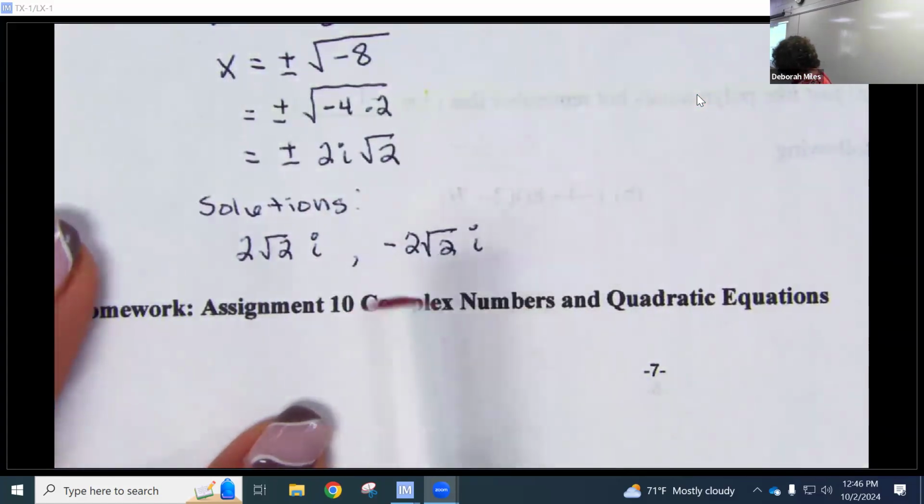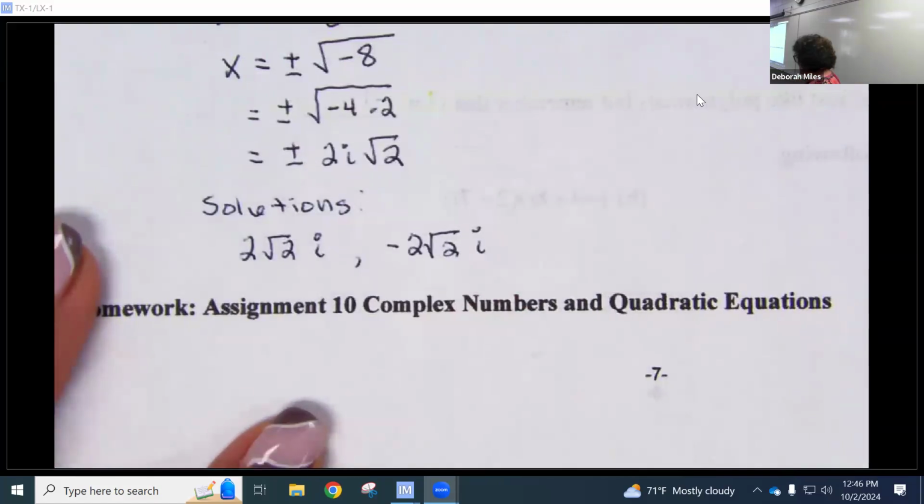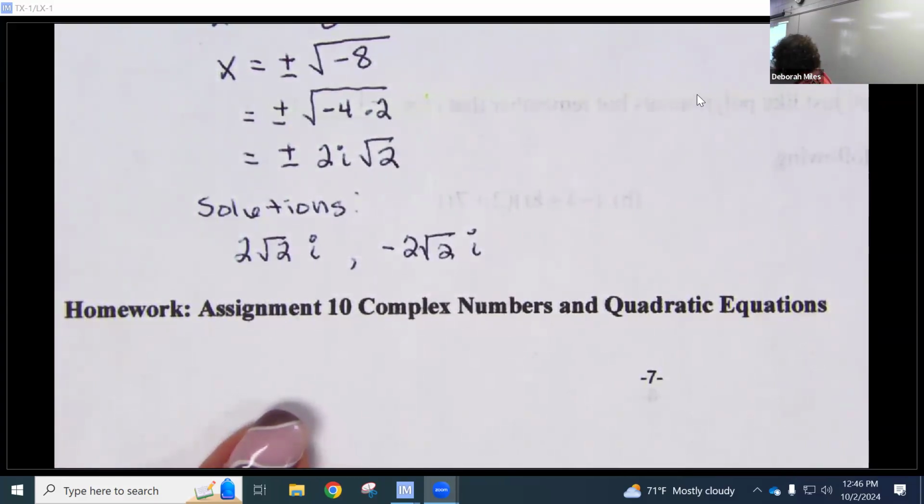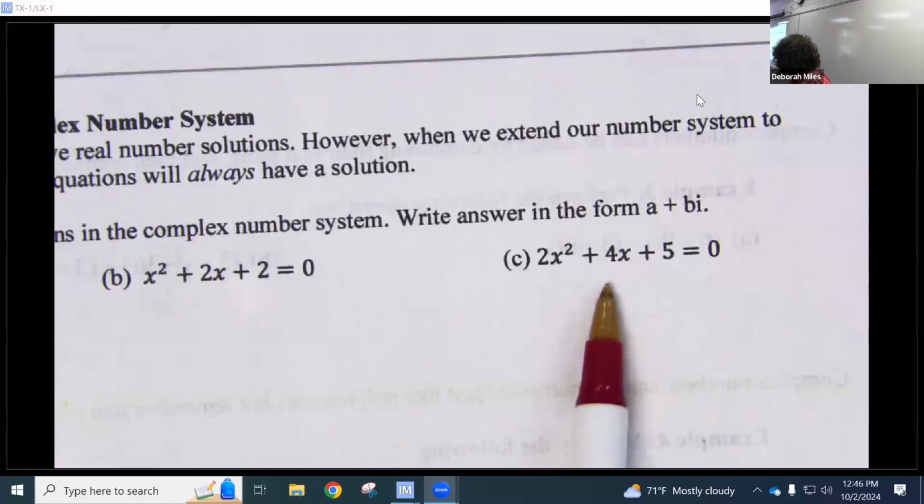And I'm making it very clear that i is not under the radical. All right, we only have time for one more, so we're going to do this one.